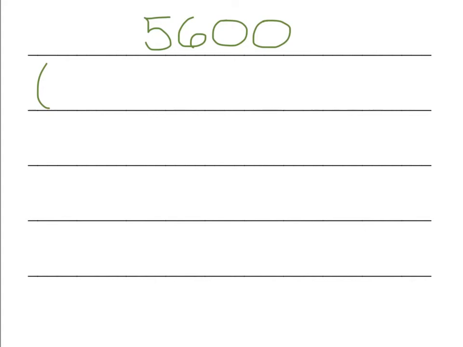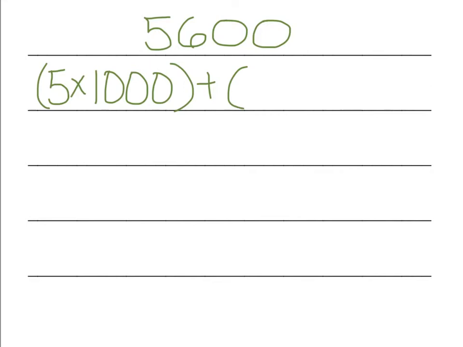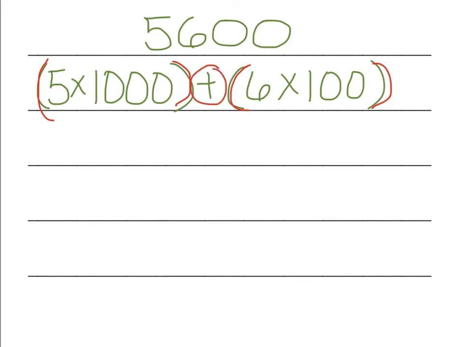If you don't have the parentheses, it would be wrong. 5 is in the thousands place, so 5 times 1,000, plus, parentheses again, 6 is in the hundreds place. And I'm done. Again, let me point out with this one, if you don't have parentheses, then you would be marked wrong. So make sure you always include the parentheses and the addition sign.